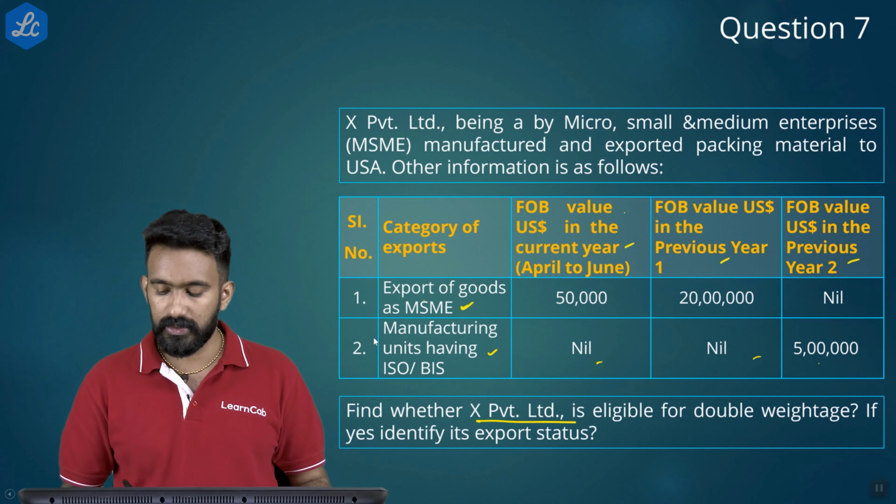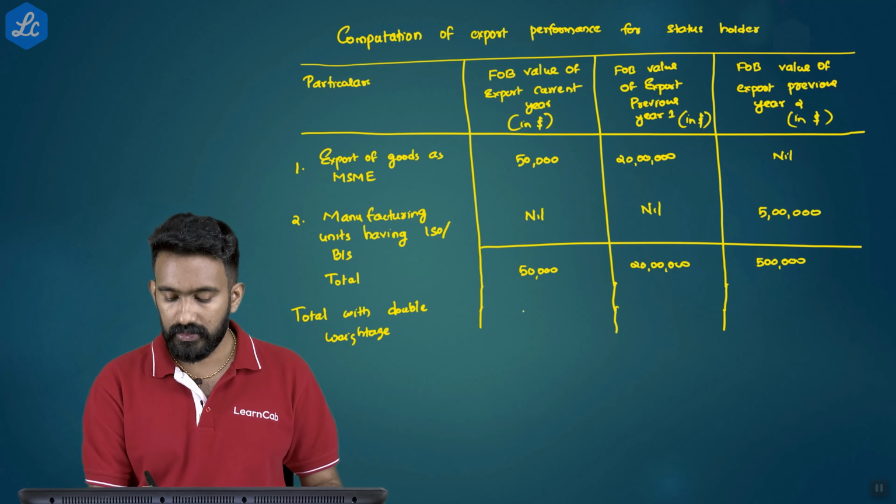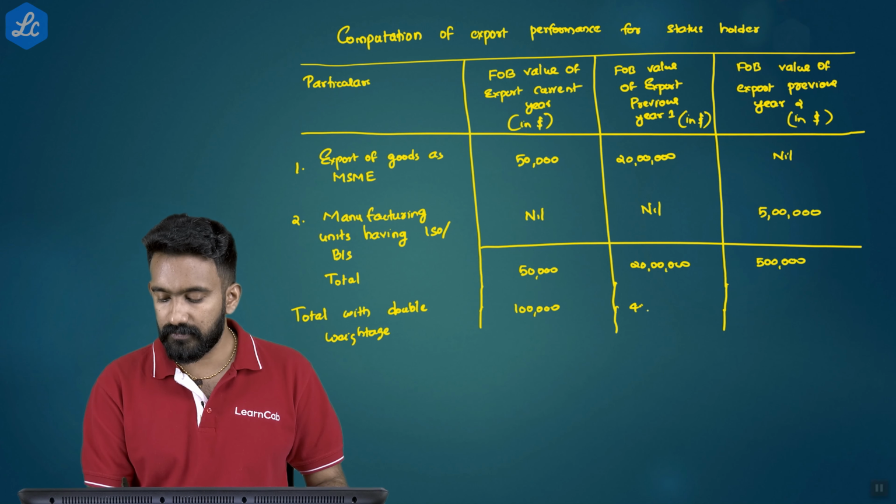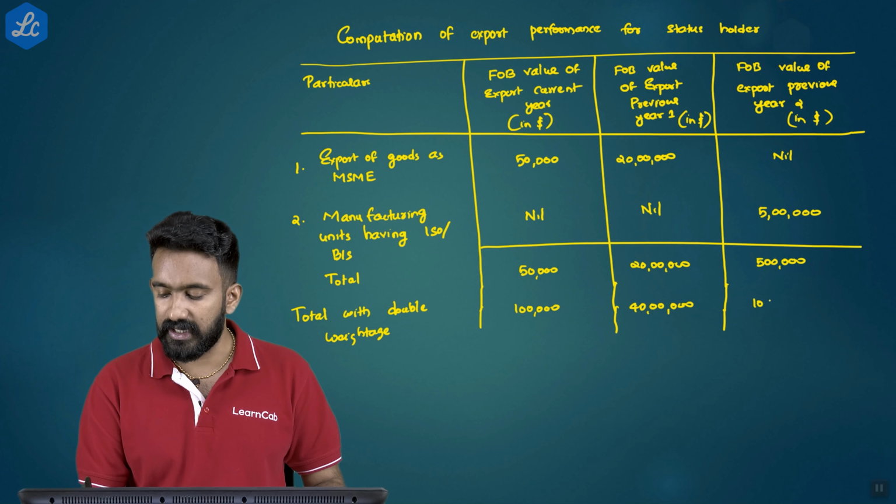What will be the total with double weightage? 50,000 will become 1 lakh, 20 lakhs will become 40 lakhs, 5 lakh will become 10 lakh.